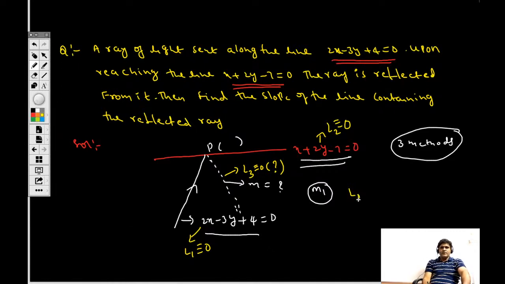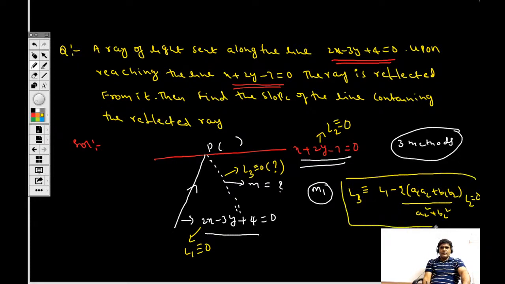So L3 is given by a direct formula, which we derive from the angular bisector concept: L1 minus 2 times (a1a2 plus b1b2) by (a2 square plus b2 square) into L2 is equals to 0. Directly you will get the reflected ray equation.